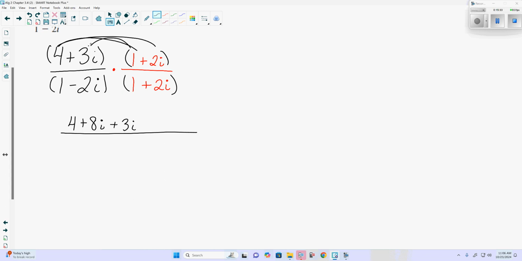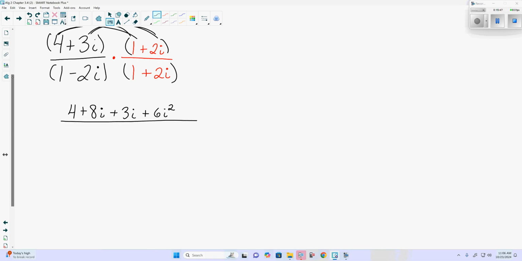And 3i times 2i, 3 times 2 is going to be plus 6i squared. Questions on how we multiplied out the numerator? All right, let's look at the denominator, the bottom.